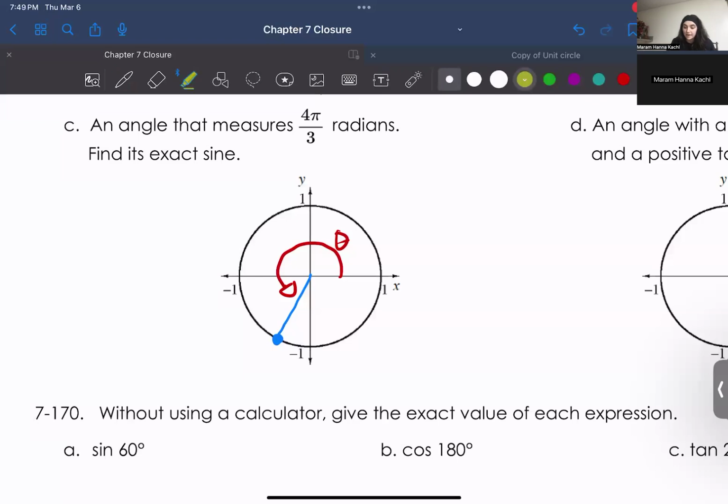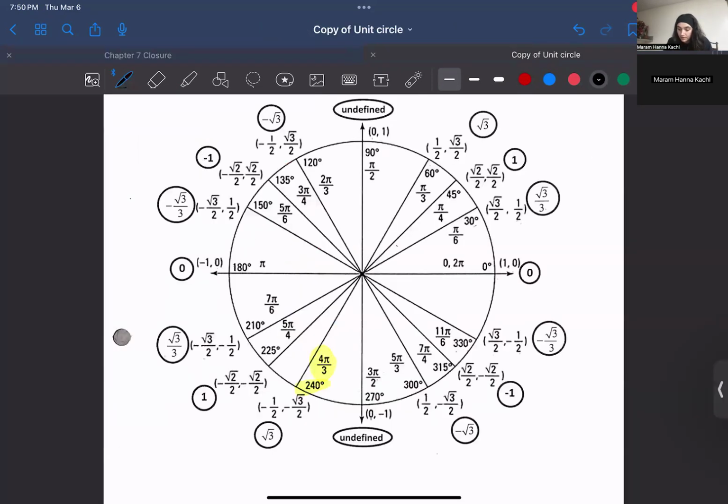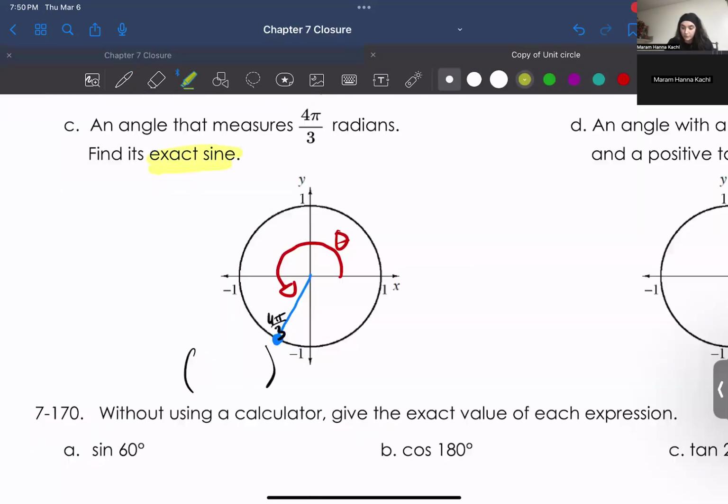Except we want to find the exact sine value. So far, let's go and point out what that point is from our unit circle. When I have 4 pi over 3, that point corresponds to this, where I'm at negative 1/2, comma, negative root 3 over 2.